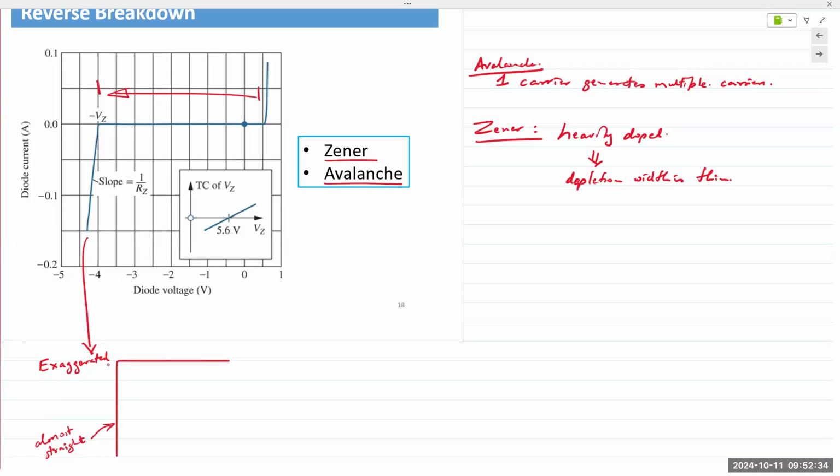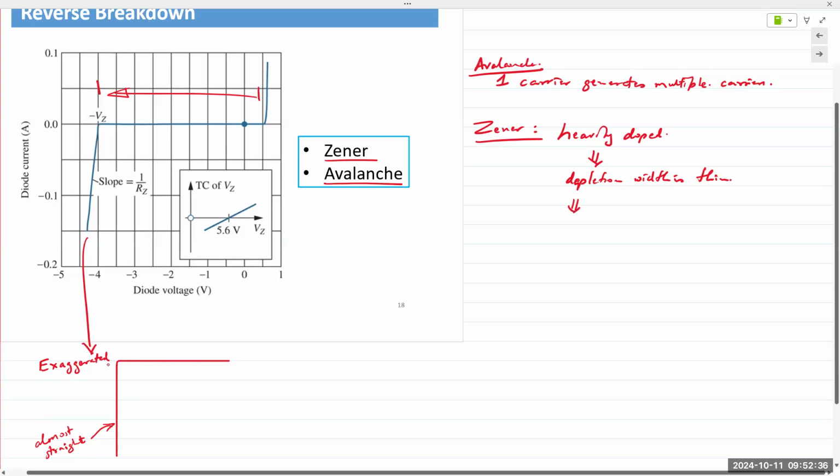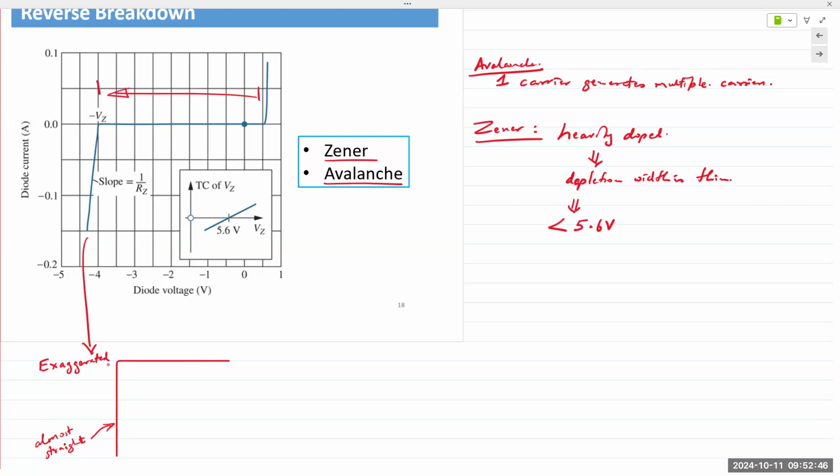Typically the Zener effect occurs in voltages less than 5.6 volts. There are diodes that are specifically created to work in the reverse bias, and they are known as Zener diodes. Zener diodes are part of your lab kit.